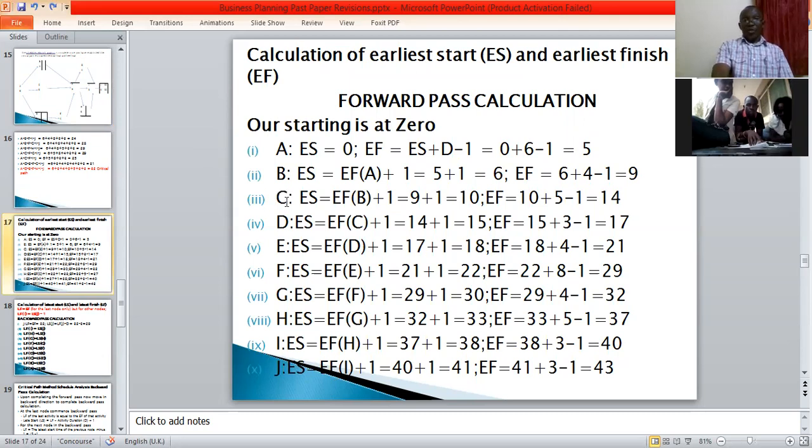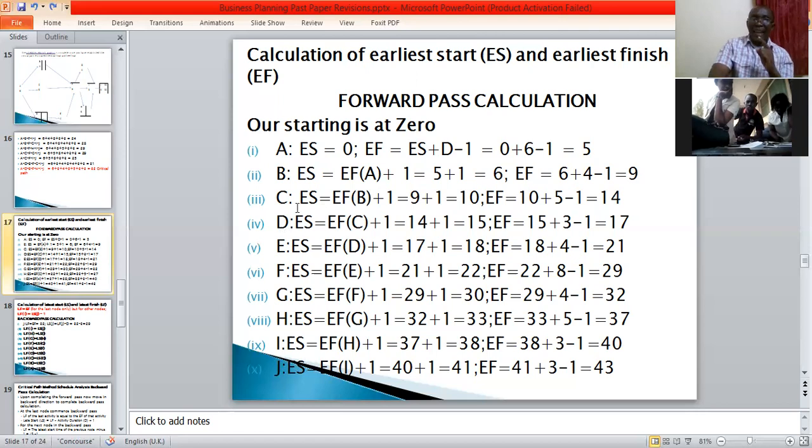Are we able to know how we calculated the earliest start for C? We said earliest finish for B plus 1. Yes, so that's how we found the 10. But what is the earliest finish for C? We are saying earliest finish for C is earliest start plus the duration for C minus 1.